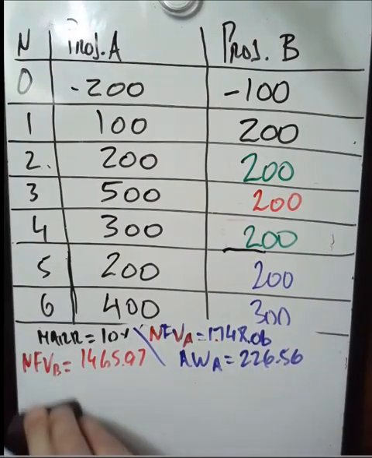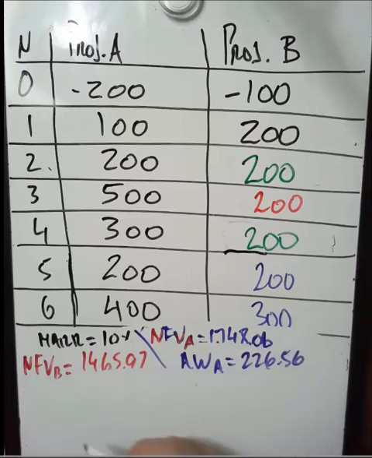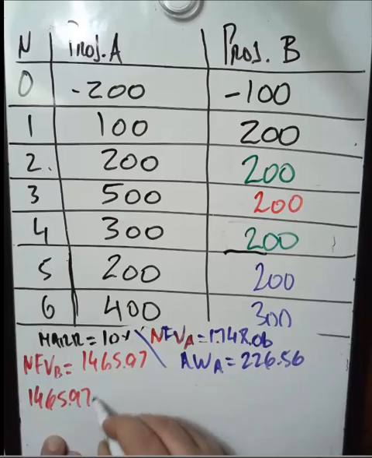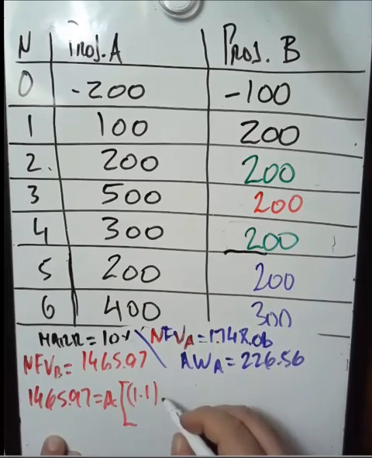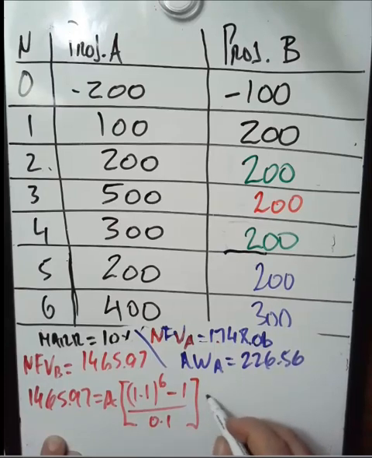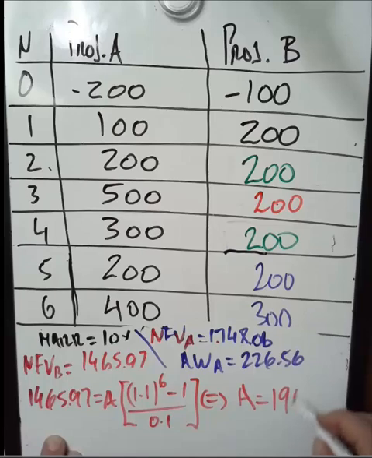Then you would repeat this for project B, so 1465.97. What is the annuity given that future value, given that the interest rate is 10% and 6 years? This would give you an annuity of 190.00.